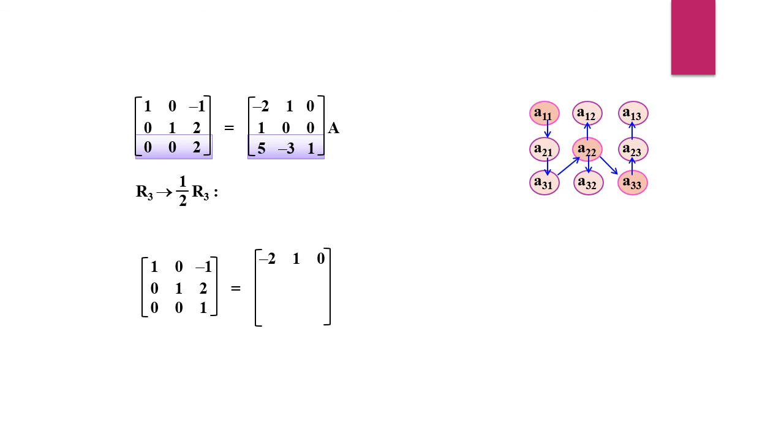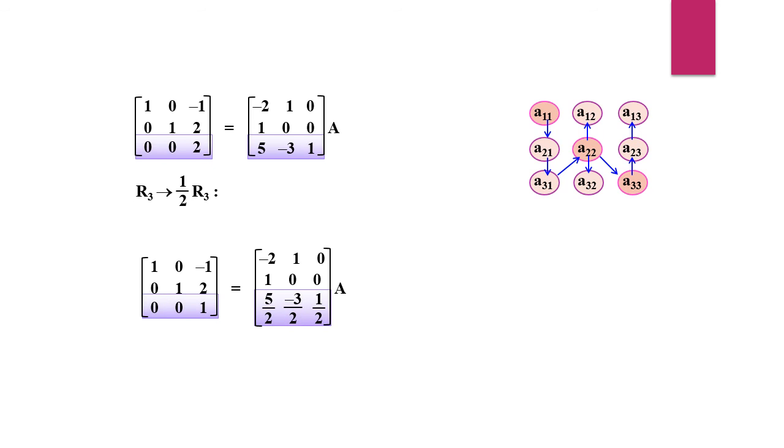You multiply each element of R3 with 1 by 2. So you can see 0 into 1 by 2 is 0, 0 into 1 by 2 is 0, and 2 into 1 by 2 is equal to 1. Similarly, when you apply the property on the LHS, we get the elements 5 by 2, minus 3 by 2 and 1 by 2. So we have converted A33 into 1.